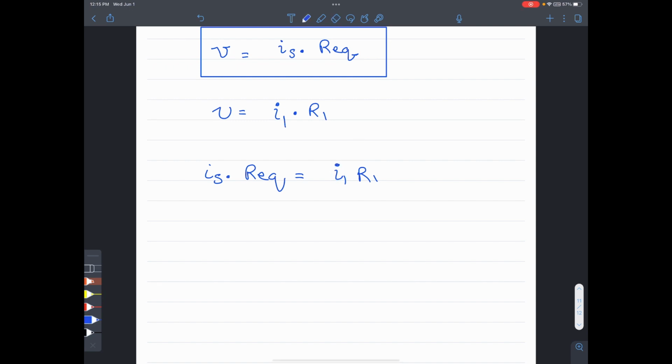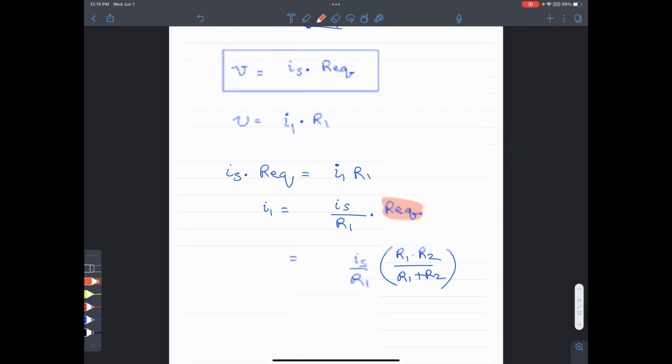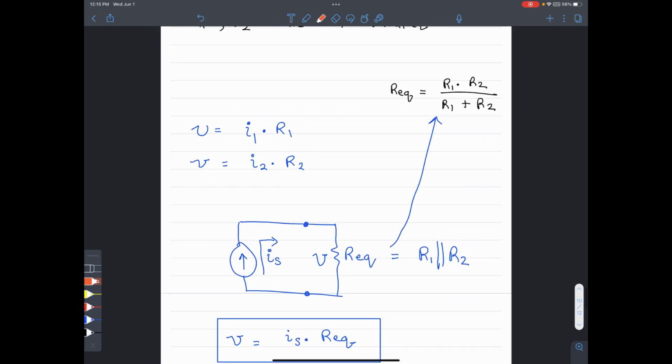Therefore, I1 really is Is by R1 times R equivalent. And we remember what R equivalent is: R1 times R2 by R1 plus R2, because they're in parallel. We wrote out this equation for R equivalent from here. That's all I have done.